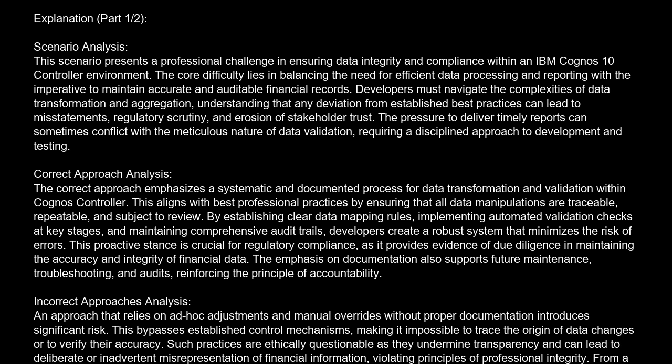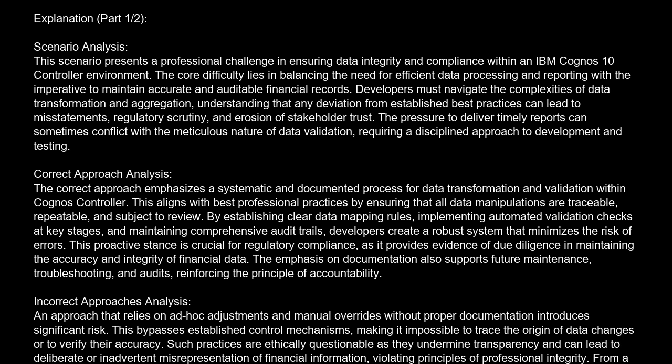By establishing clear data mapping rules, implementing automated validation checks at key stages, and maintaining comprehensive audit trails, developers create a robust system that minimizes the risk of errors. This proactive stance is crucial for regulatory compliance, as it provides evidence of due diligence in maintaining the accuracy and integrity of financial data. The emphasis on documentation also supports future maintenance, troubleshooting, and audits, reinforcing the principle of accountability.